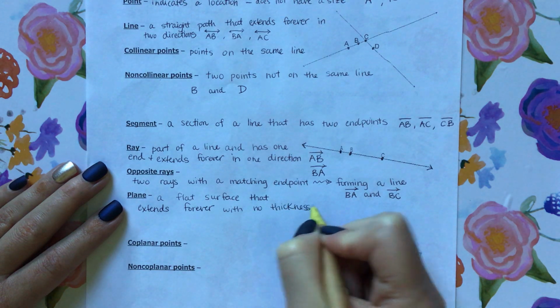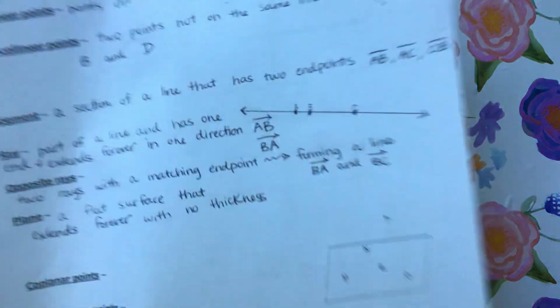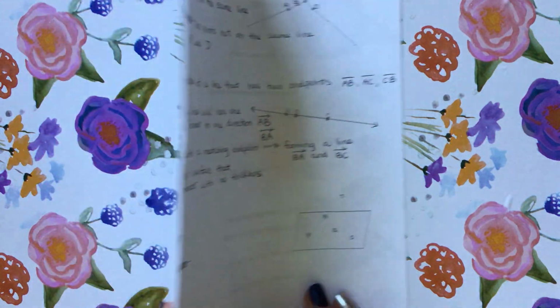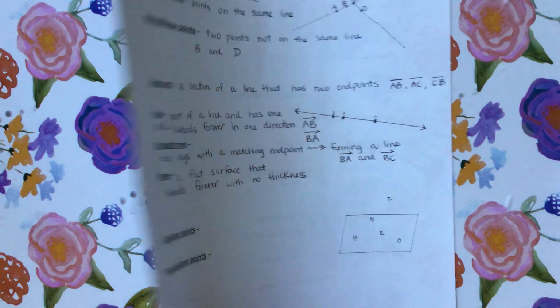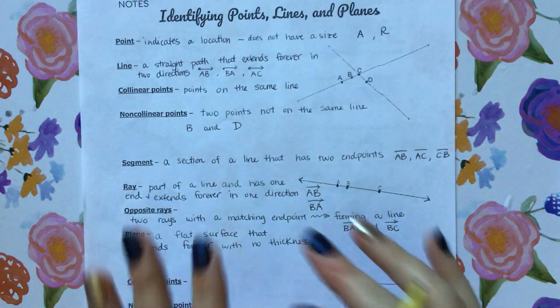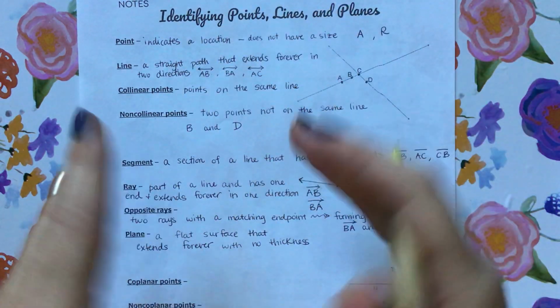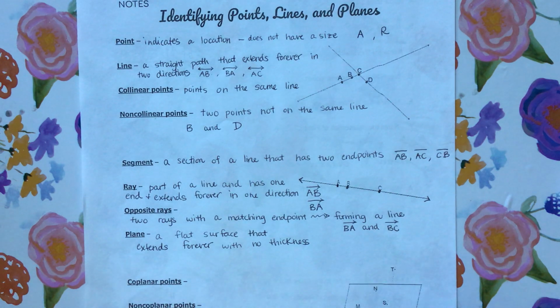The most simple or common example I can give you for this is like a piece of paper. This piece of paper, yes, it does have a little bit of thickness to it, but ideally a plane would have no thickness. But this piece of paper extends in 2 dimensions, and if it were bigger, it could end up going on forever. So that's the concept of a plane.